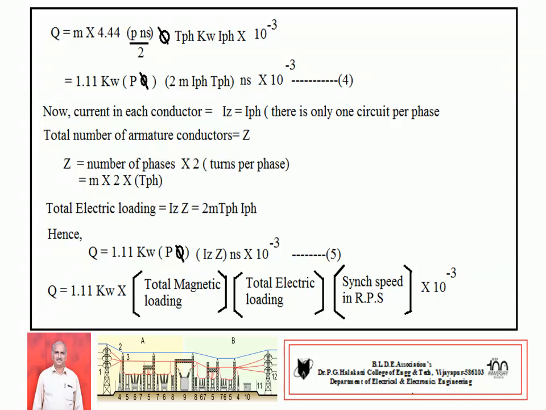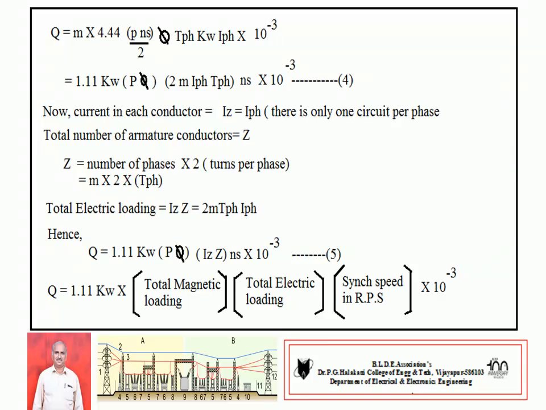What is the number of phases? M. Turns per phase, T phase. So, Z becomes 2 times T phase into M. Hence, the second bracket you have taken is equal to Iz into Z, which is nothing but the total electric loading.